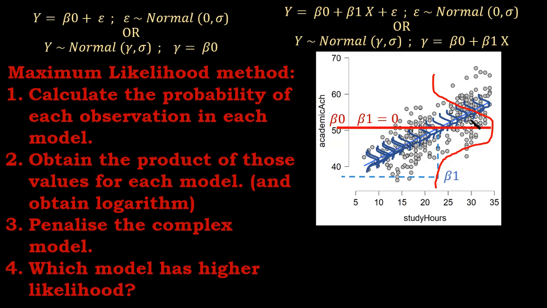Now, if we use a very small standard deviation, that will increase the probability of the values close to the mean. So that's good. But the values further away from the mean will be less and less probable the narrower the distribution is. So when we start multiplying those probabilities, these values will bring down the total value.